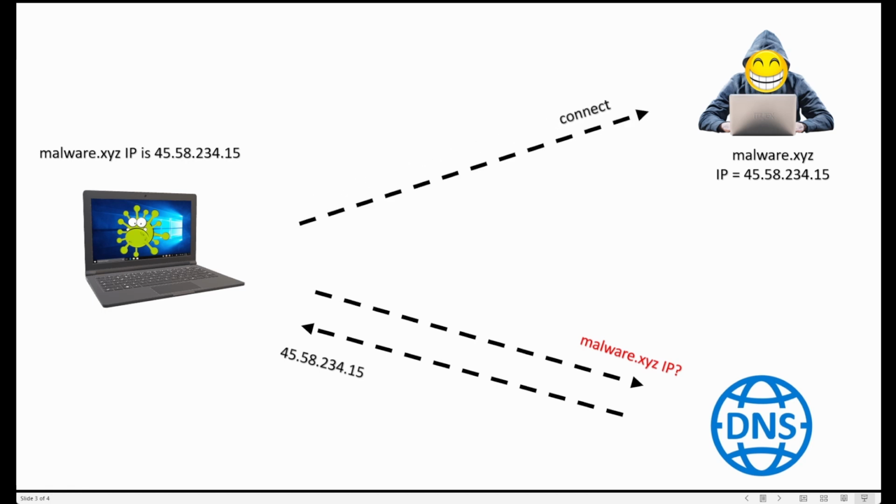So just like the browser was able to connect to a legitimate website domain, the malware is able to connect back to the malicious domain. In this case, we would want to prevent the domain from being resolved into an IP address so the laptop cannot connect back to the attacker. Which leads us to the last example.